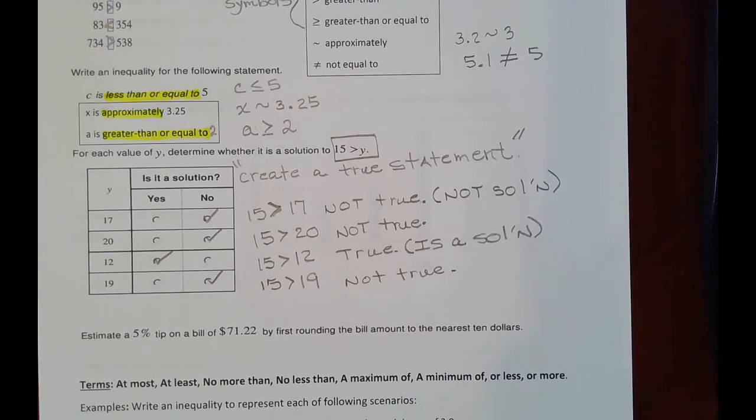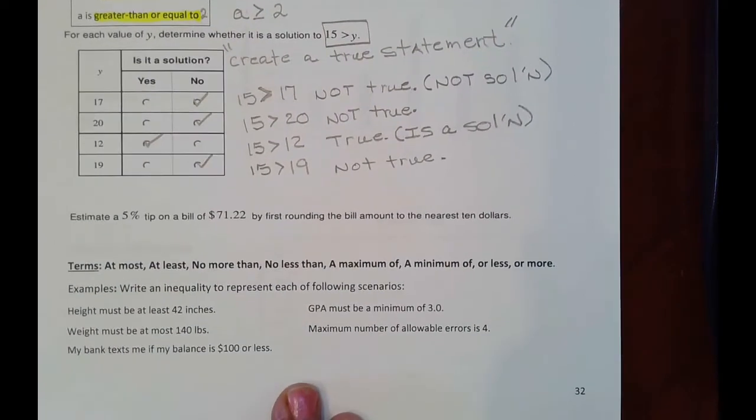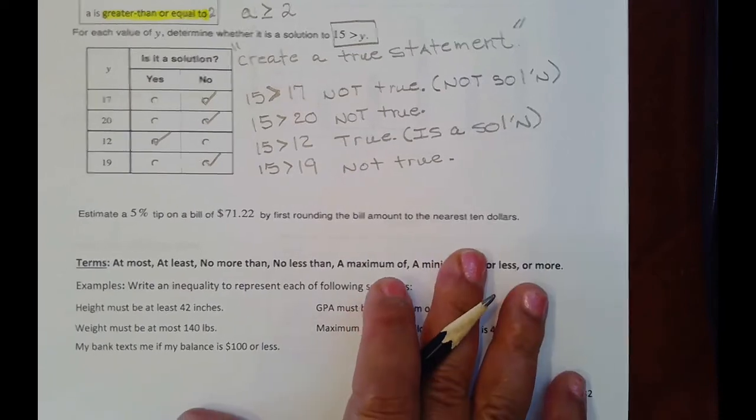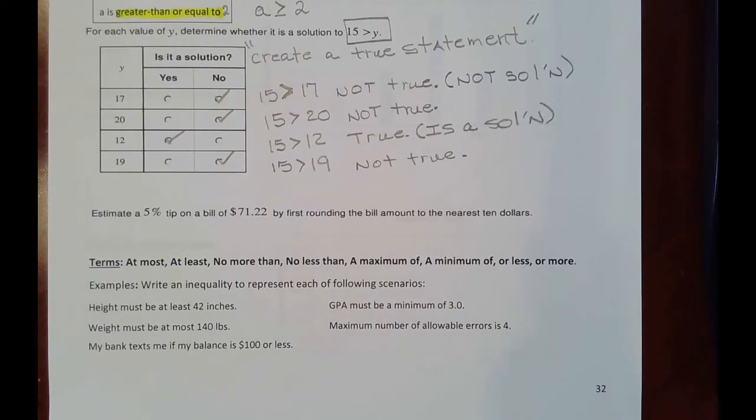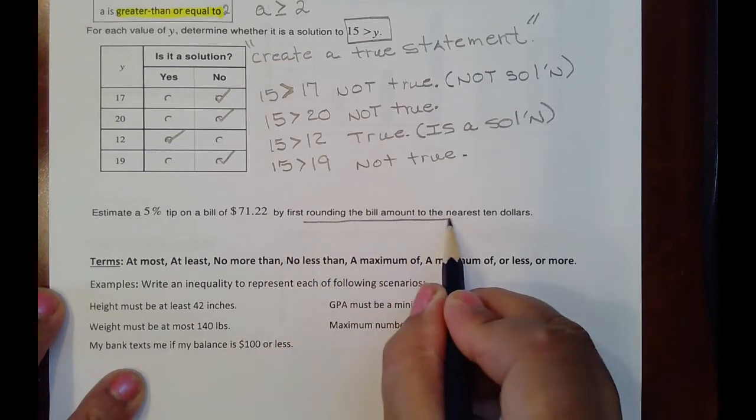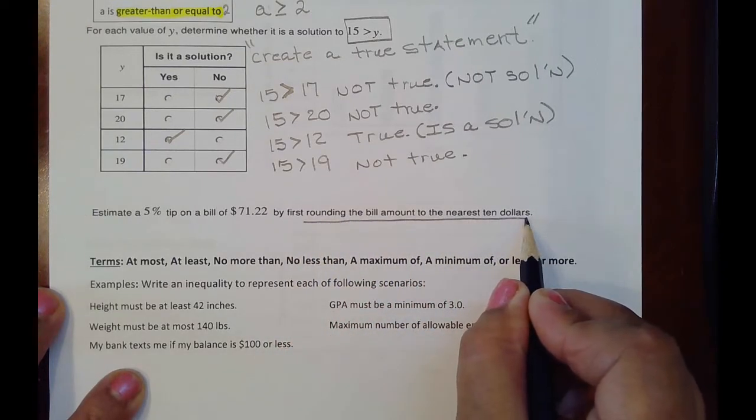So another kind of problem using inequality symbols. Here below the table, we see another example of an estimated answer. And this says, estimate 5% tip on a bill by first rounding the bill to the nearest $10. So we're going to round this to the nearest $10.